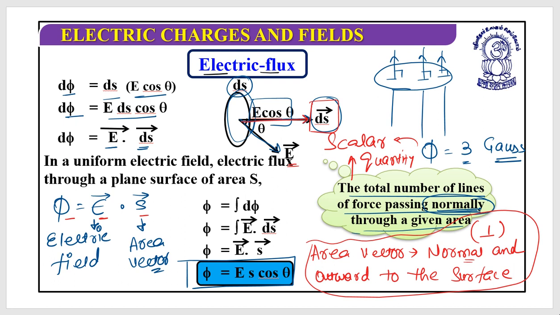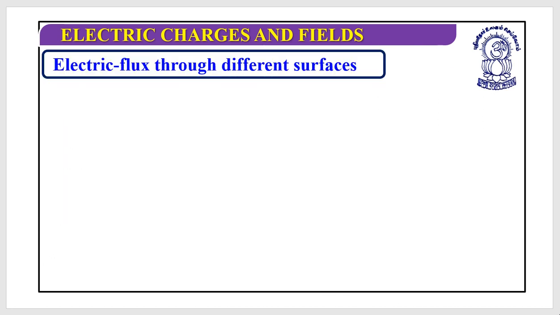So let's look at how we can use it. Suppose a hemisphere is given, with radius r, and the electric field is in this direction.